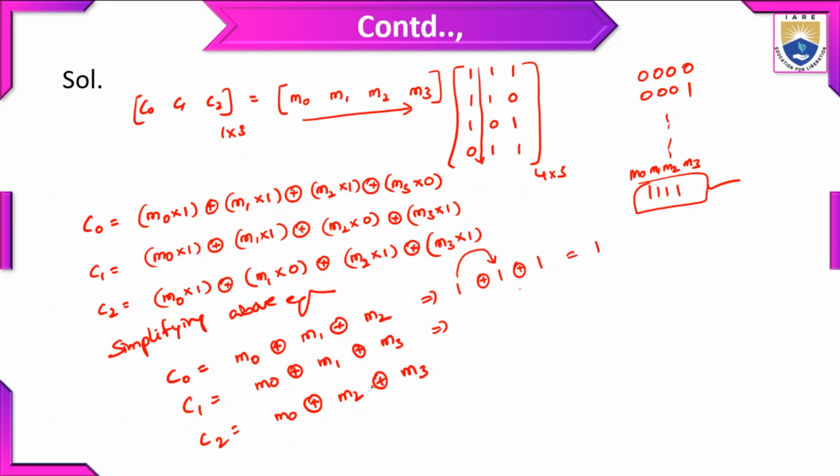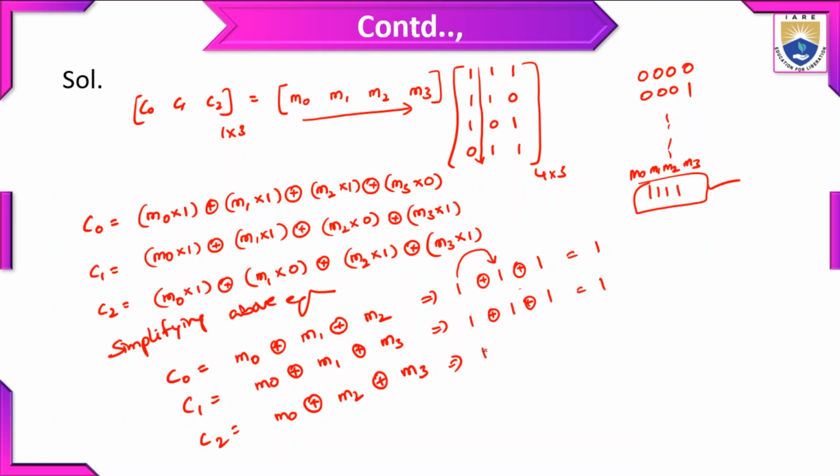Again M0, 1 XOR M1, 1, XOR M3, also 1. Here also same, 1 XOR 1 is 0, then 0 XOR 1 is 1.